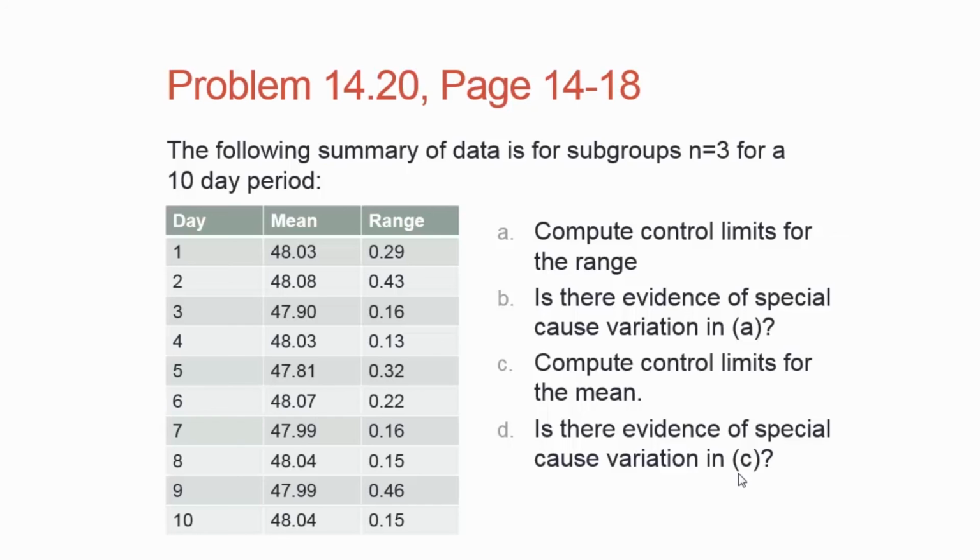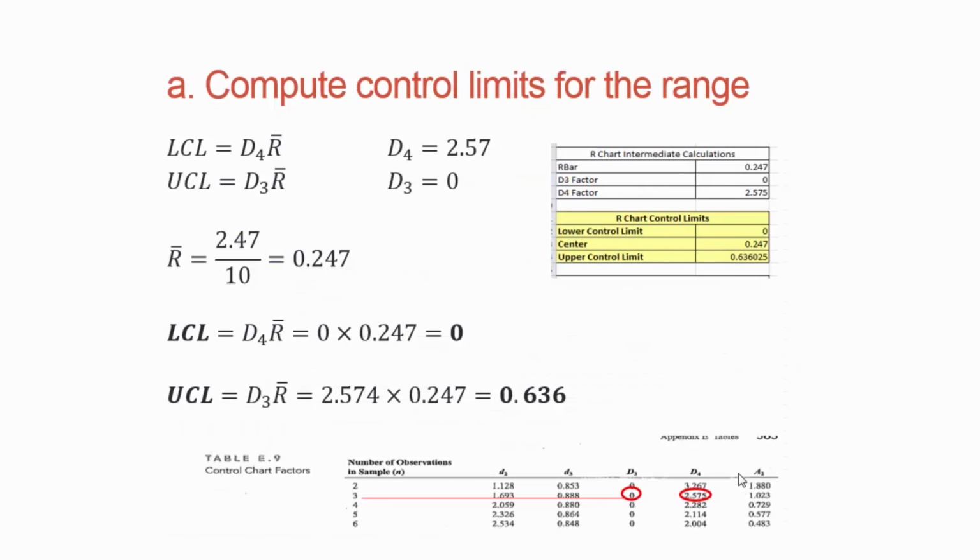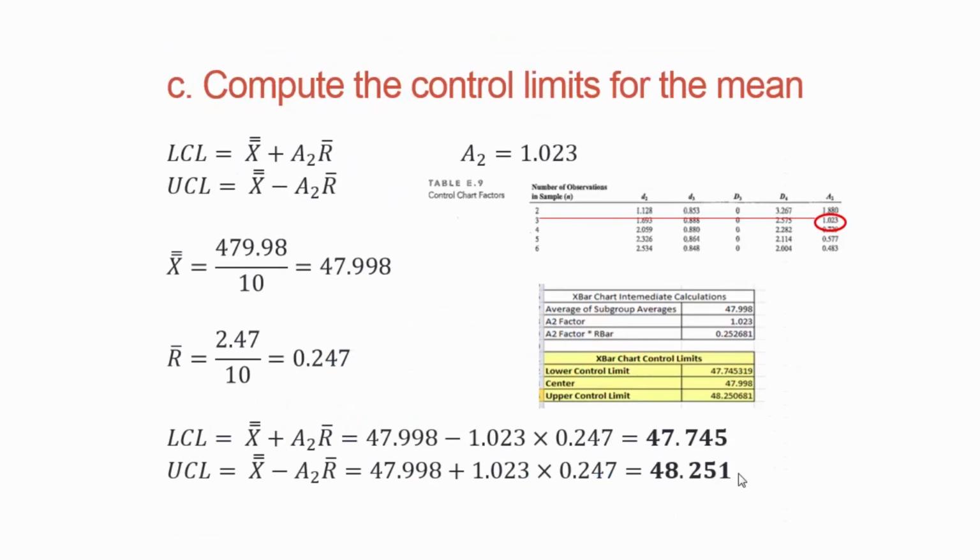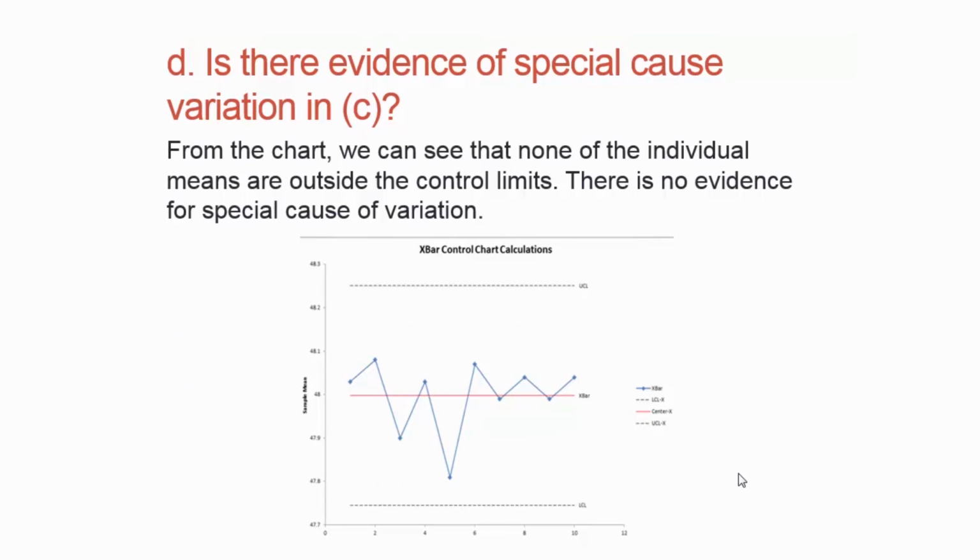So we take these numbers and we put them on our graph with the center line in there and the upper and lower limits, and this is what we ended up with, a graph that looks like this. And again, it seems to be pretty random around our center line. There's no out of control points. Remember, you only need 1 point to be above or below the limits in order to have an out of control process.